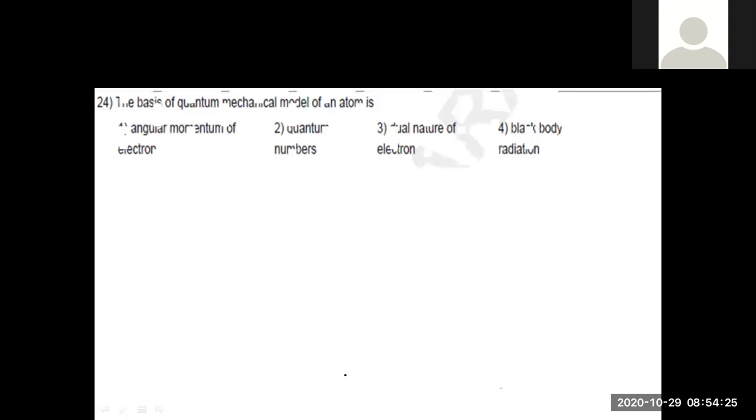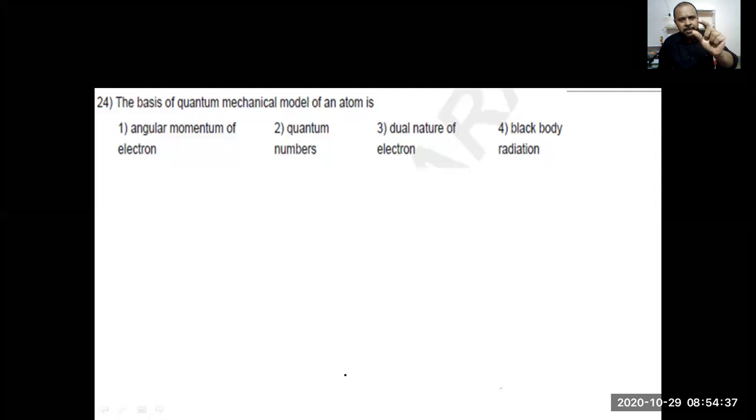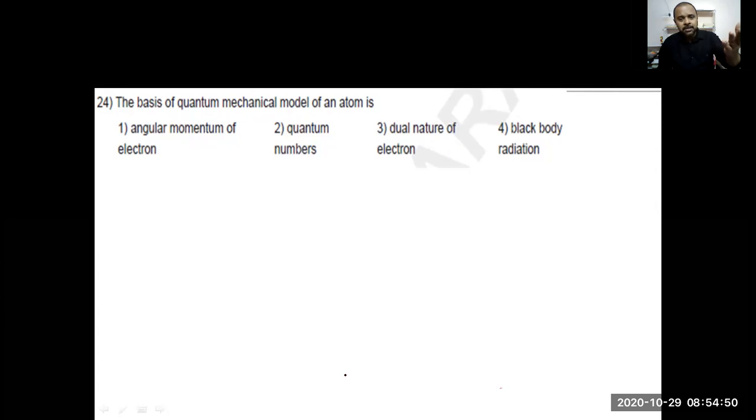Yes, sir. Next. The basis of quantum mechanical model of an atom is, see, we are going to take up the next concept, a little bit about the quantum mechanical model of an atom. Okay, Bohr's theory failed, and of course long back Rutherford's theory failed, and later the Sommerfeld model, which is not in the syllabus, also failed.